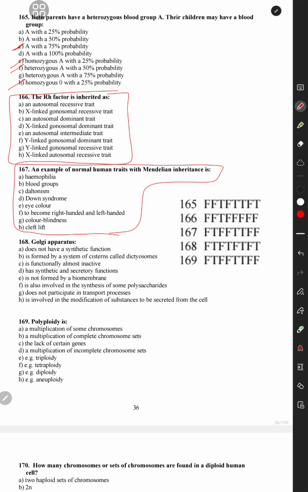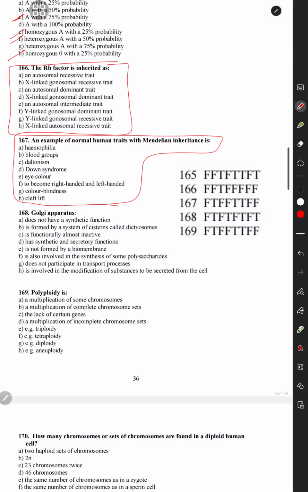Golgi apparatus does not have a synthetic function. 168. It only has a packaging. Functionally almost inactive.